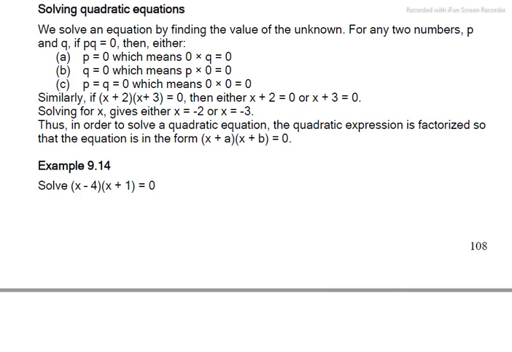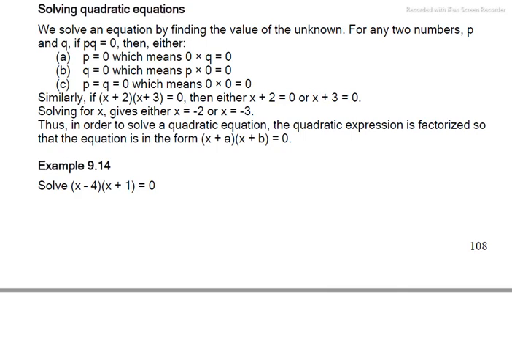But how do we come up with quadratic equations? We've seen quadratic expressions, and what is the difference between a quadratic expression and a quadratic equation? We get a quadratic equation from a quadratic expression.